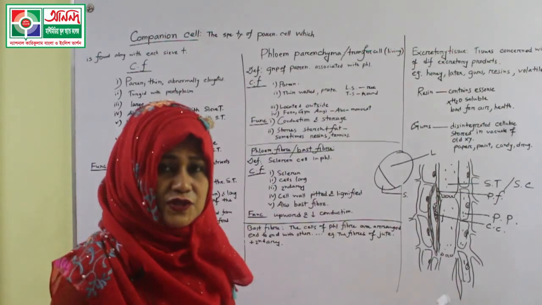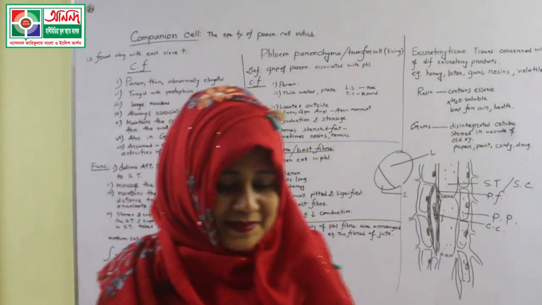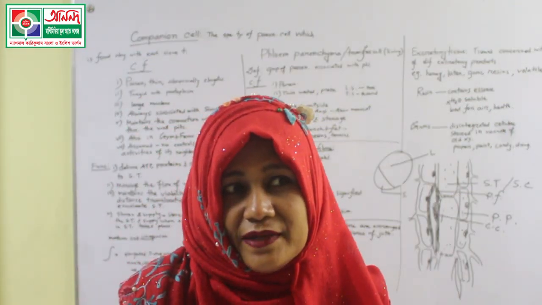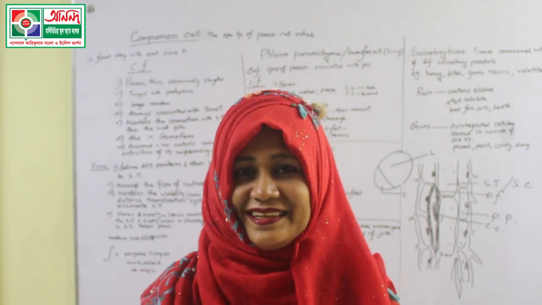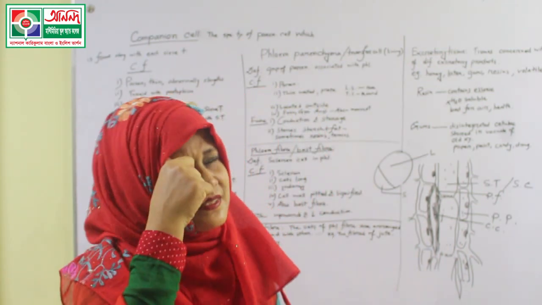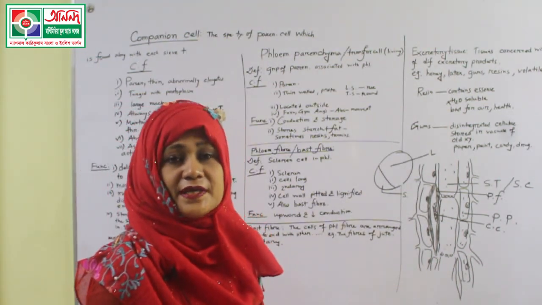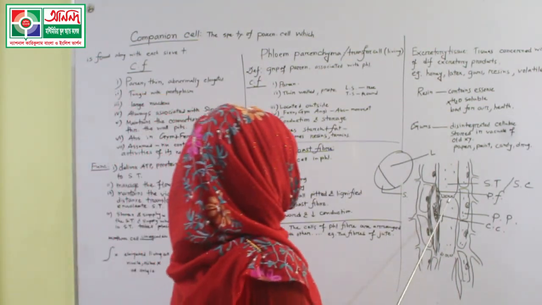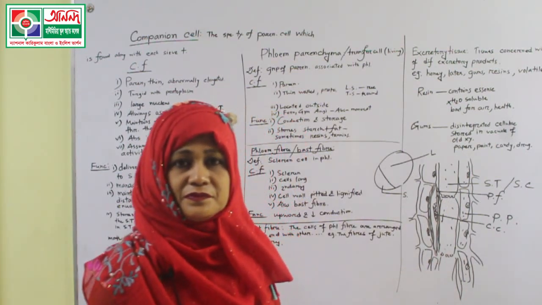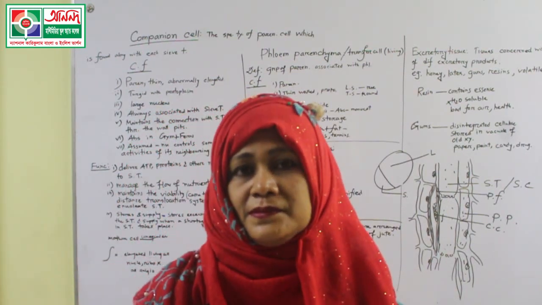and the sieve tube. Now students, can you differentiate between sieve tube and companion cell? It's very easy. Think about the structure. Don't need to memorize. I am repeating again and again. Structure of the sieve tube, how does it look?